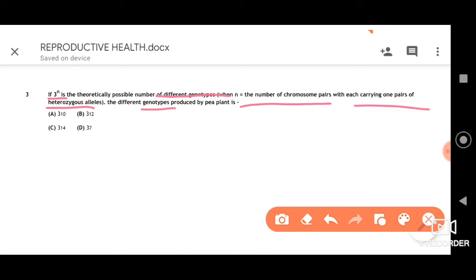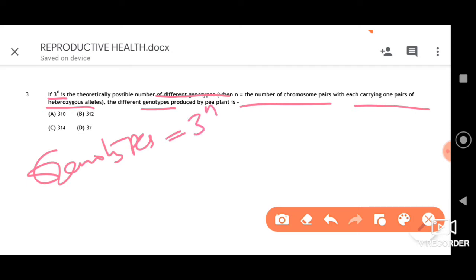Please understand, dear students, according to the question, the possible number of genotypes is 3 to the power n.